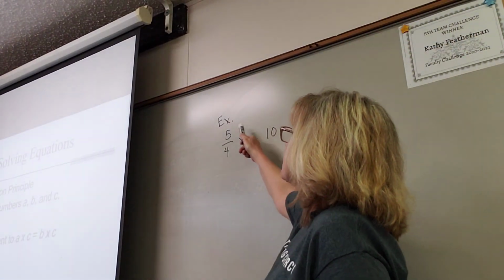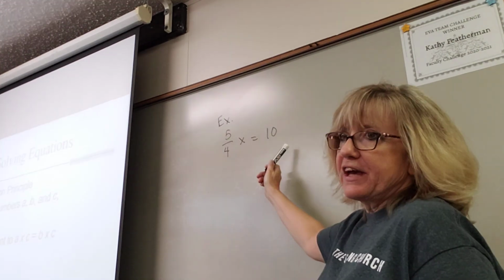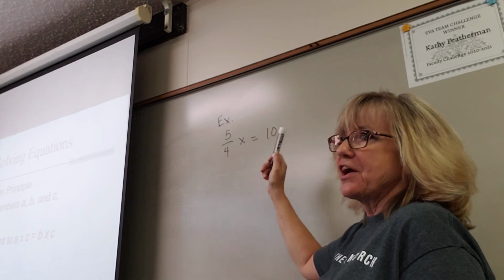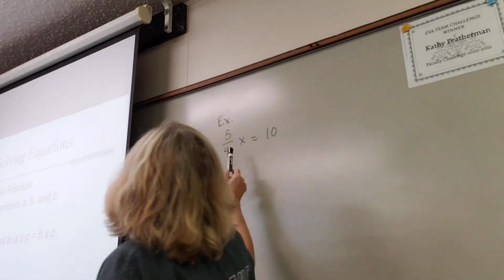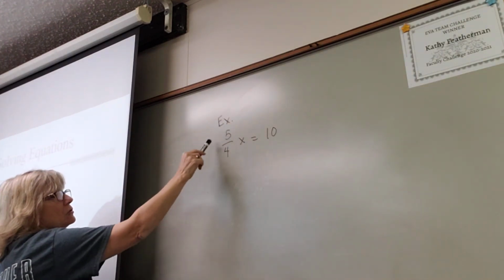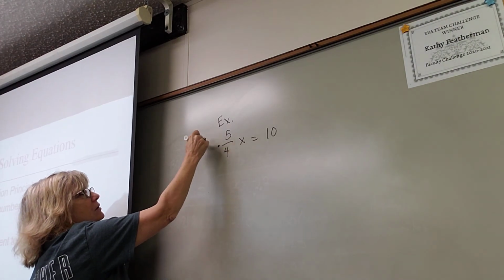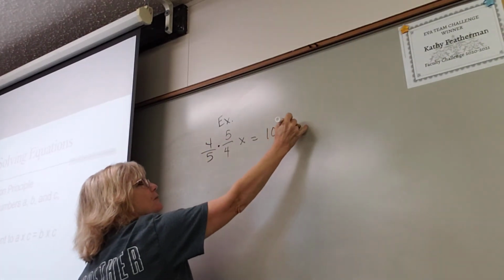We'll look at an example. We have an equation, 5/4 x equals 10. I want to multiply both sides of this equation by the same value so I can solve for x. So I'm going to multiply both sides by the reciprocal of the fraction that's in the problem already. So we'll multiply both sides by 4/5.